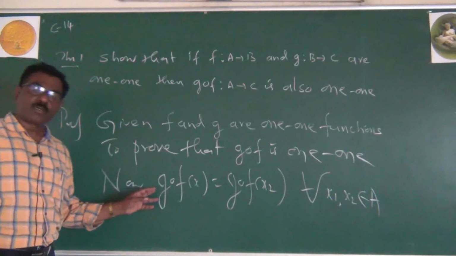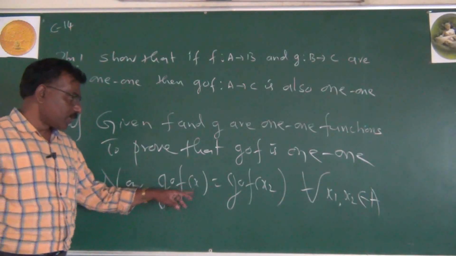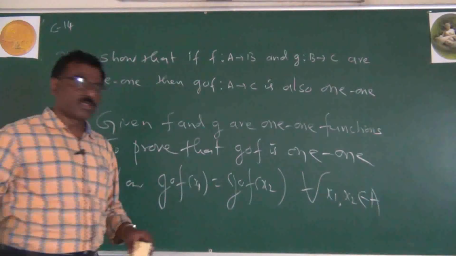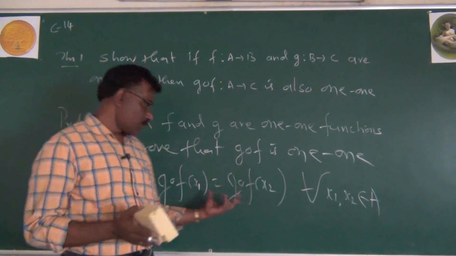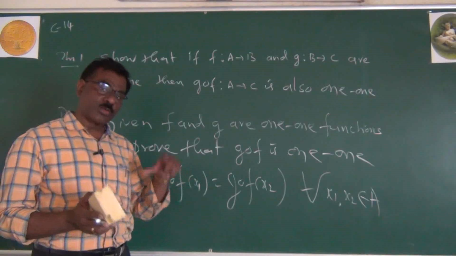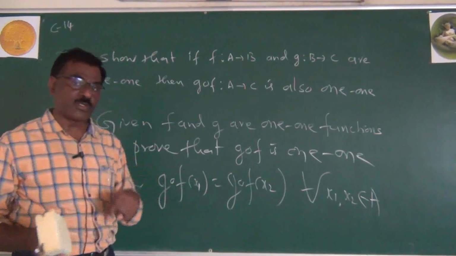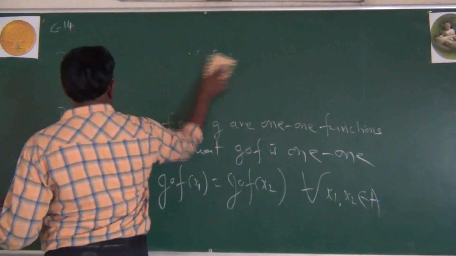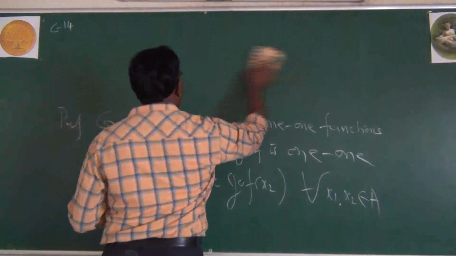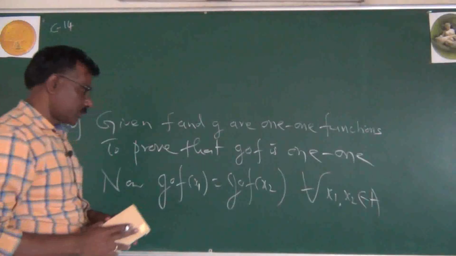Now, consider g composition f of x1 equal to g composition f of x2 for all x1, x2 belonging to set A. We have to prove x1 equal to x2. Given f and g are 1-1 functions, and we need the composition to be 1-1.